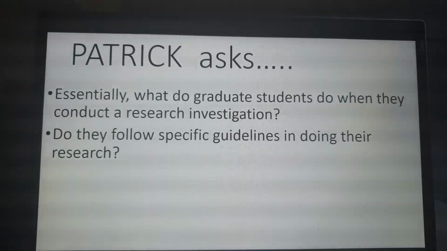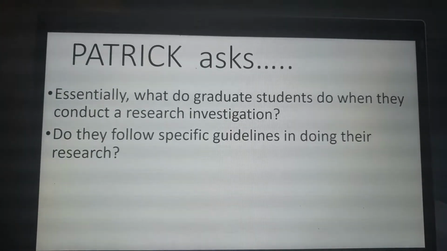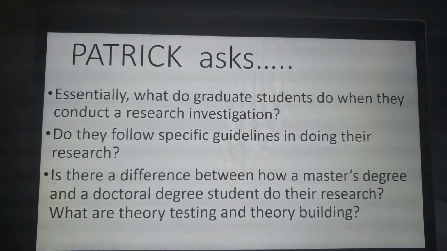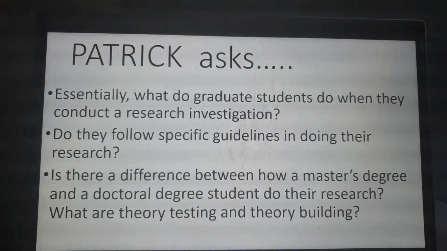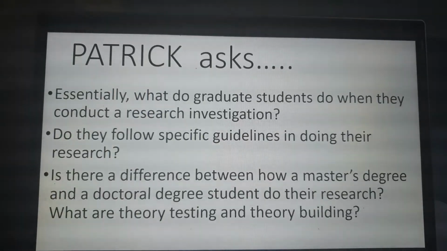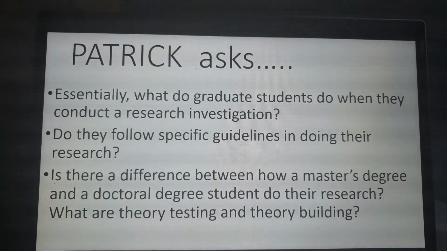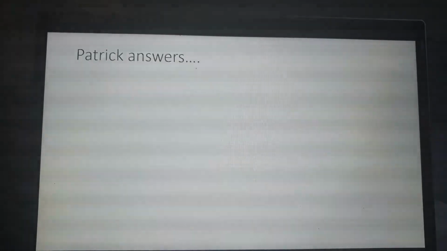Do they follow specific guidelines in doing their research? Is there a difference between how a master's degree and a doctoral degree student do their research? What are theory testing and theory building? Yes, I thought those were good questions for me to discuss.